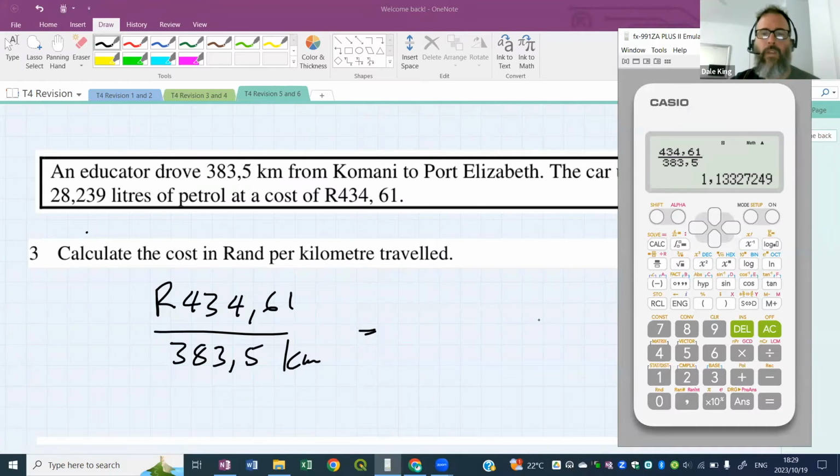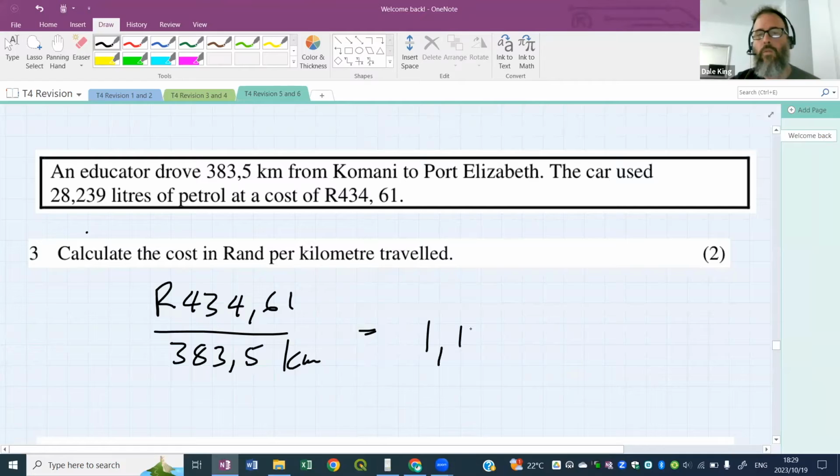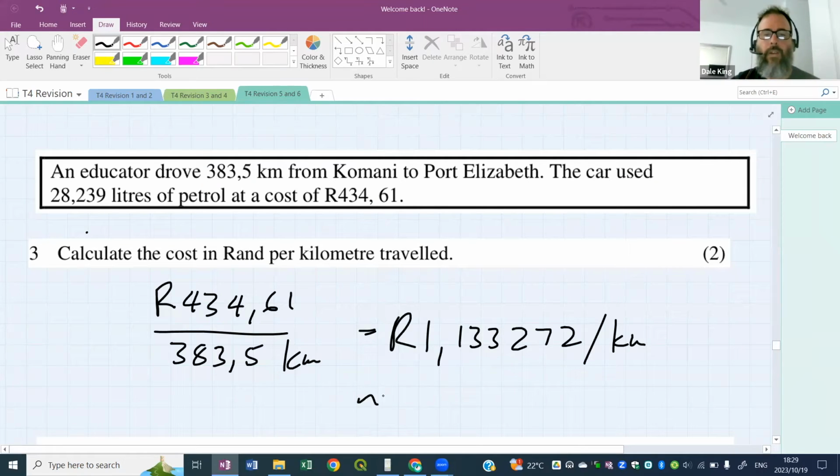All right. 1.133272 rands per kilometer. And we're going to round it off. Looking at the second decimal of the 3, it does not change, so it's just 1 rand and 13.